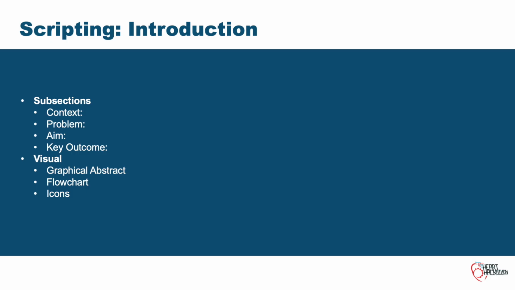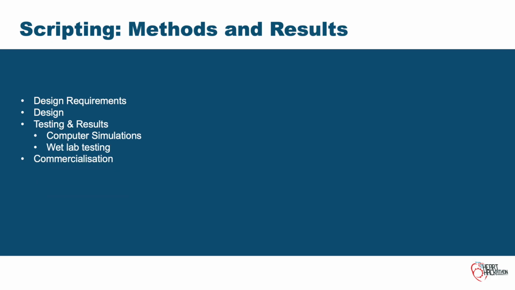So a nice overview. It's a quick thing. And in wanting to make it potentially more visual or pleasing, you could consider a graphical abstract, so something which is a series of images that briefly explains the key problem and what you're doing, or a flow chart, or integrating icons into it.